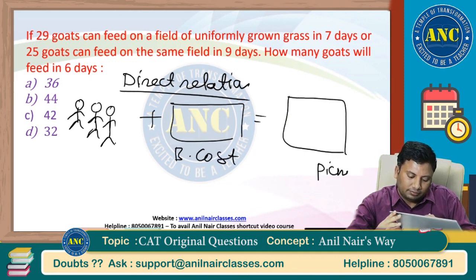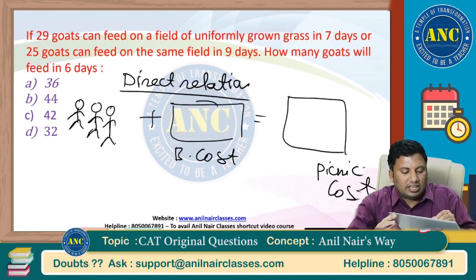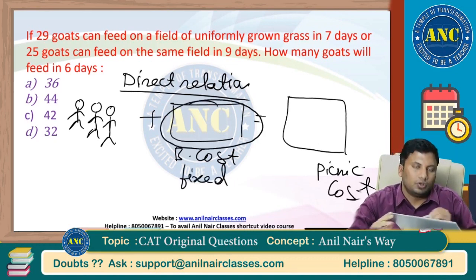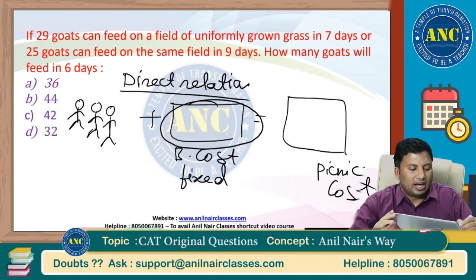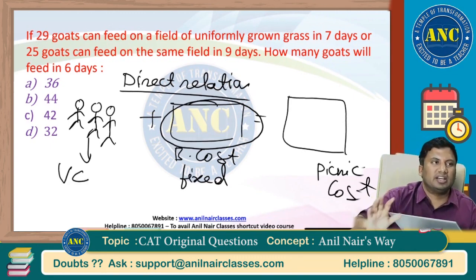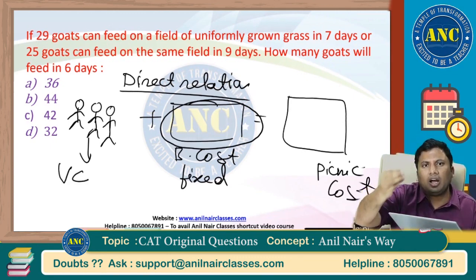The bus cost is fixed, right? This is a variable cost. Am I right? Suppose somebody said that it does not matter how many people.